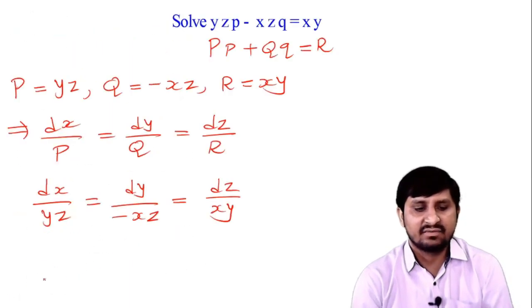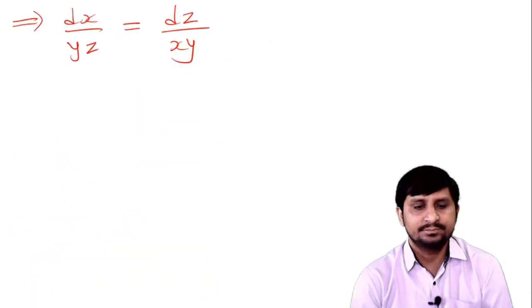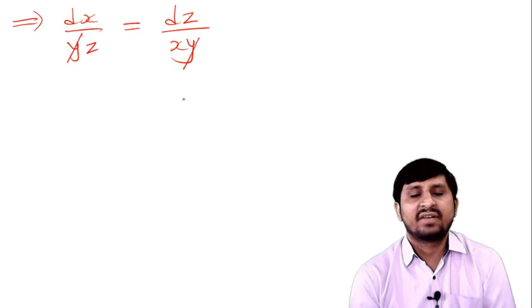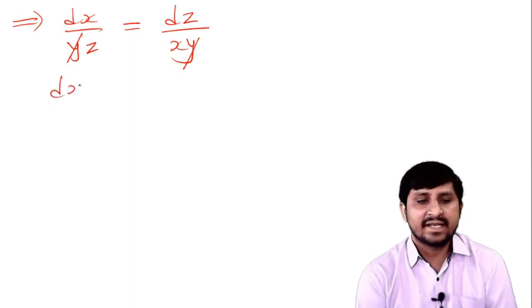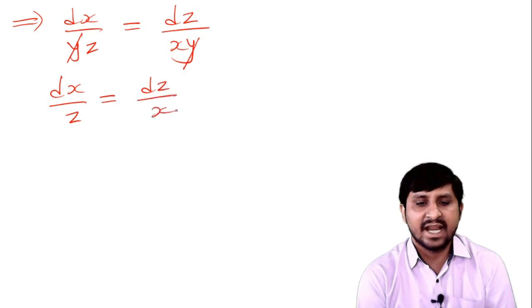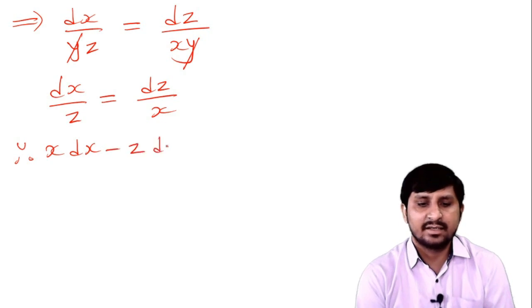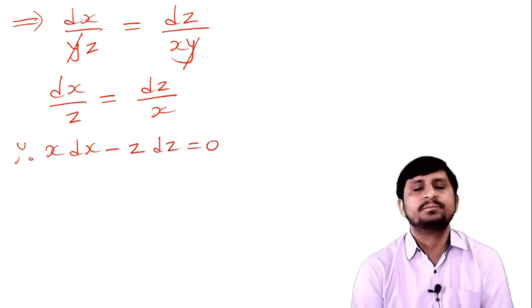Right, xy, here yz. So correct. Now here you can see that y will be cancelled out, so you have only dx upon z equal to dz upon x. And from this equation I can write x dx minus z dz is equal to 0.